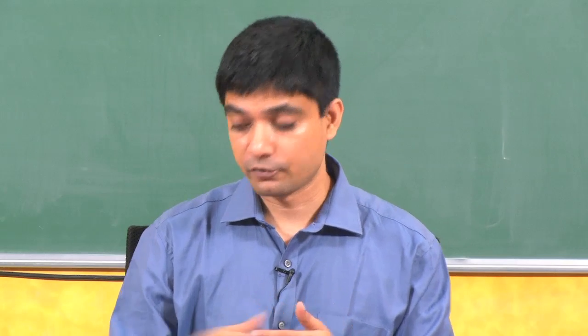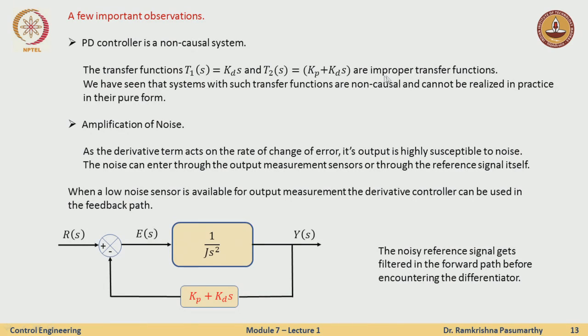If the number of zeros were greater than the number of poles, as in this case there is 1 zero and no pole, these were improper transfer functions, and I would not be able to realize them in practice, right. Or I cannot just go to the market or say amazon.com and say, well, I am looking for a derivative control. No, that will not happen, right. And okay, amplification of noise.